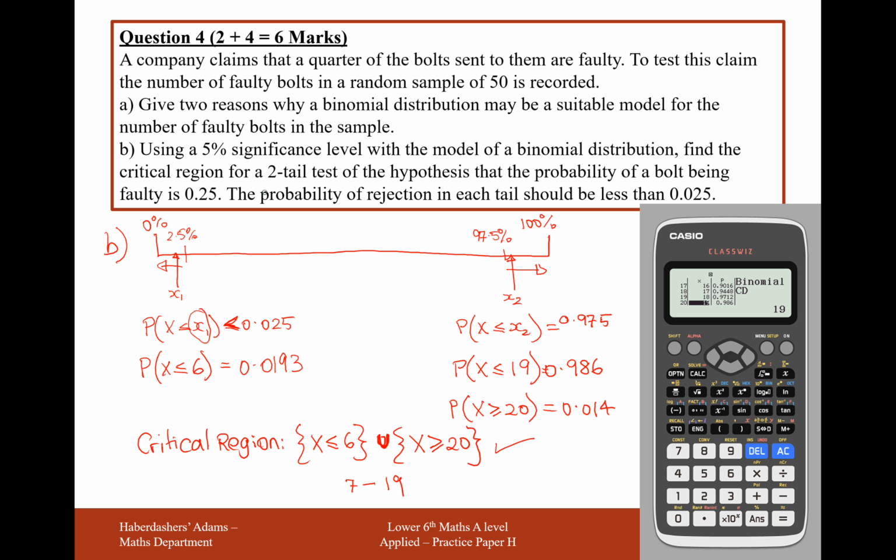This is our answer here. X is less than or equal to 6, because that gives us a probability of less than 2.5%, and x is greater than or equal to 20, because this gives us a probability of less than 2.5% as well. Combine that and you get a 5% significance level test.